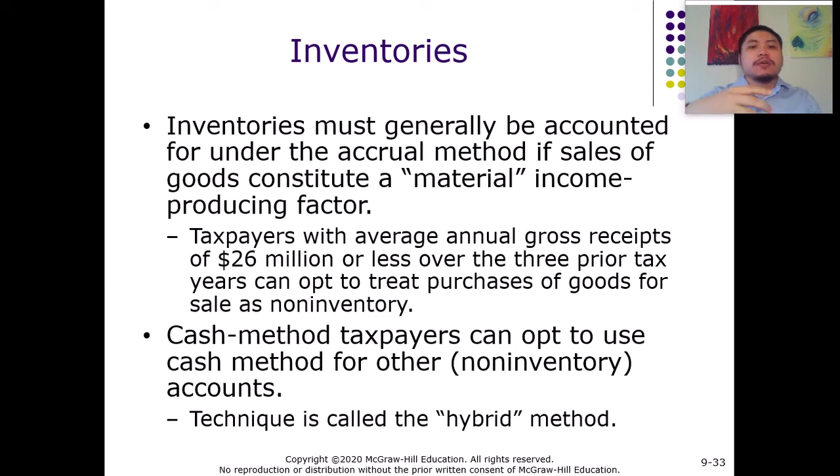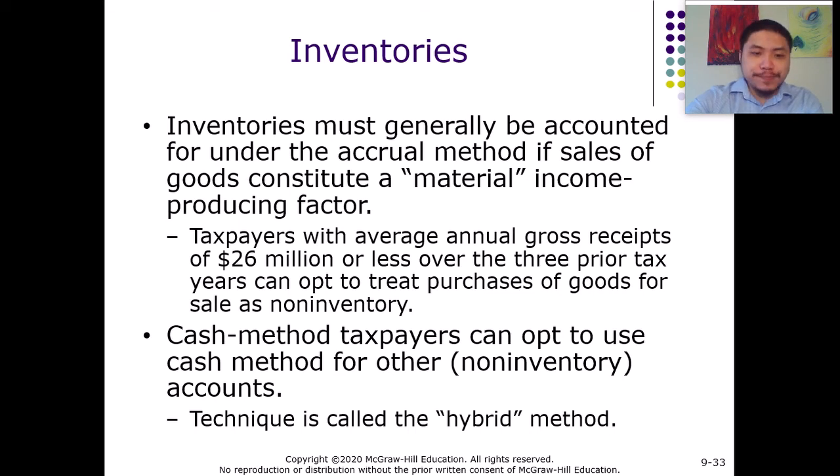We use the accrual method for the input and output of inventory. Even cash method taxpayers, for tax purposes, for some items of inventory, also have to use the accrual method to account for the input and output of the inventories.